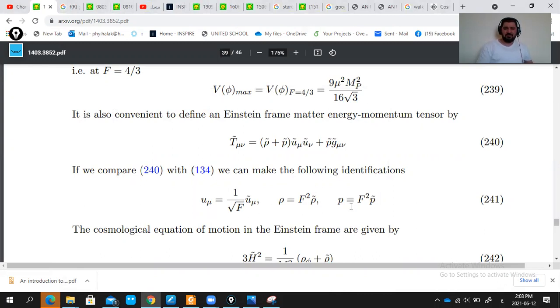But for now, even I do not remember quickly how we can find that rho is given by this and P is given by this, but it's easy to find.